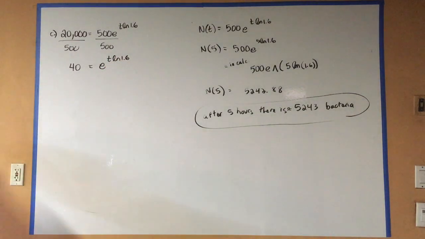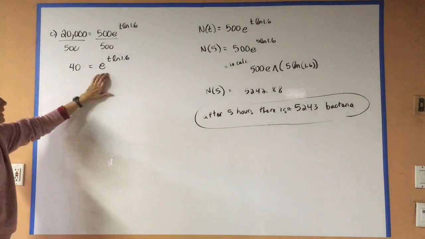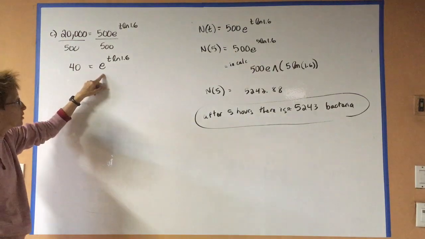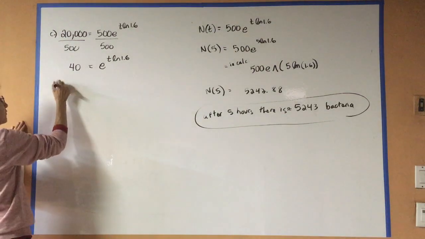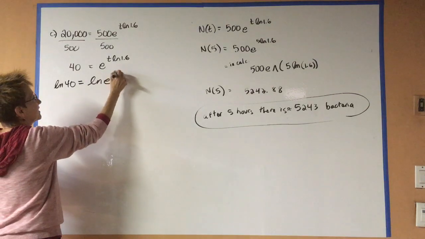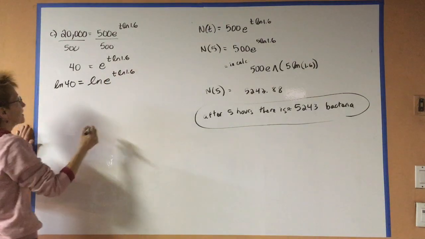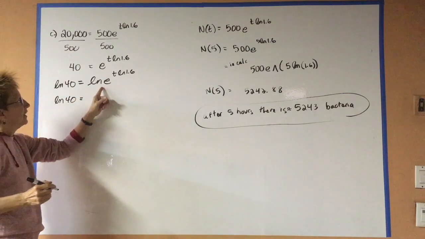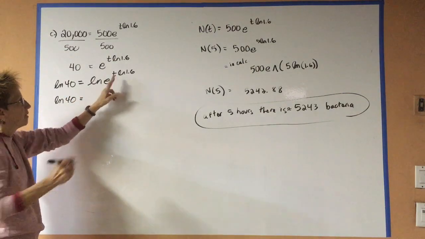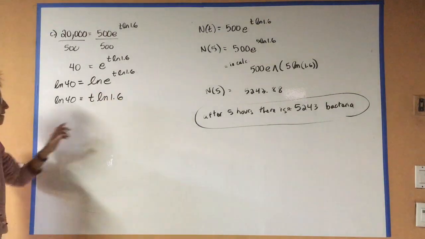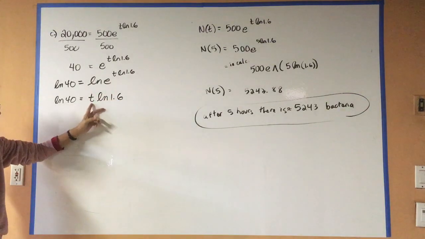So now I need to think about same basis, but there's no way I can turn 40 into a base of e or vice versa, so I'm going to introduce an ln in front of both. Here's the line I want to see, e to the t ln of 1.6. I'm going to simplify. Ln base e of e to this power just leaves me with the power, which is t ln of 1.6. This is linear.